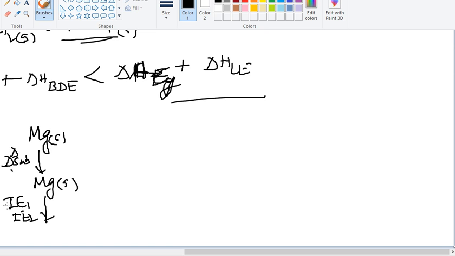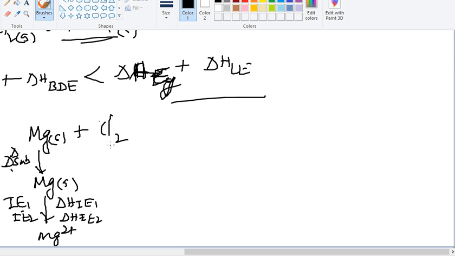That means delta H IE1 plus delta H IE2. So here we would get Mg2+, and Cl2 is also there.